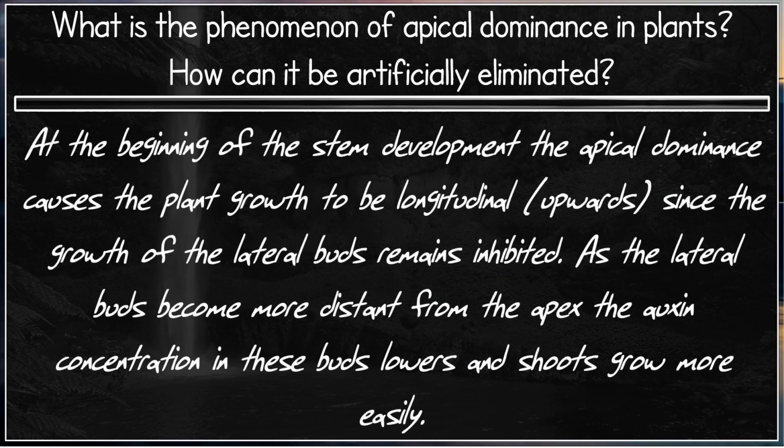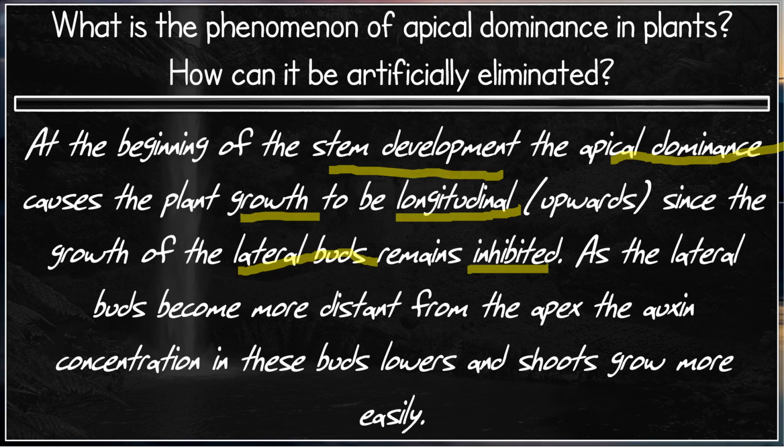At the beginning of the stem development, the apical dominance causes the plant growth to be longitudinal, upwards, since growth of lateral buds remains inhibited.